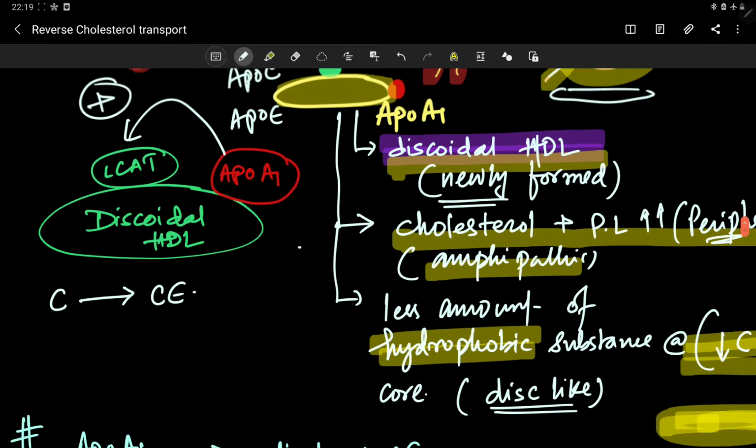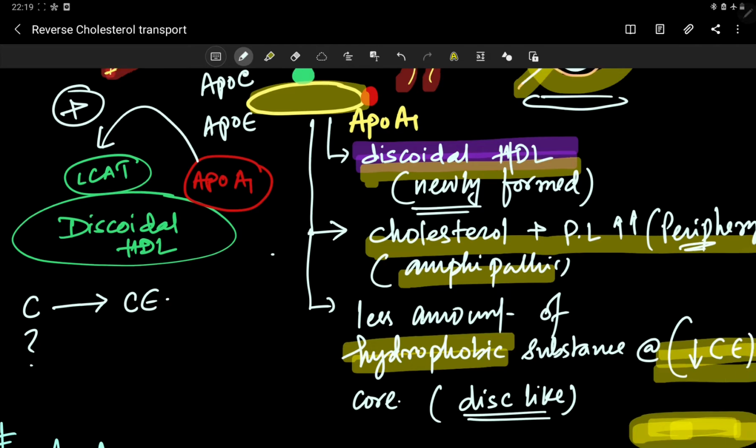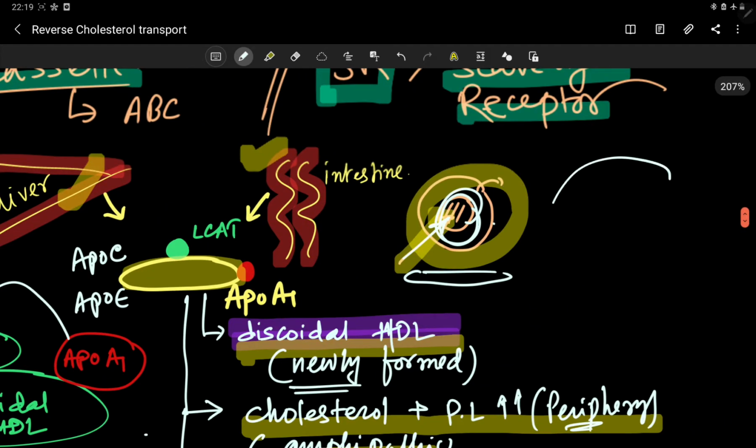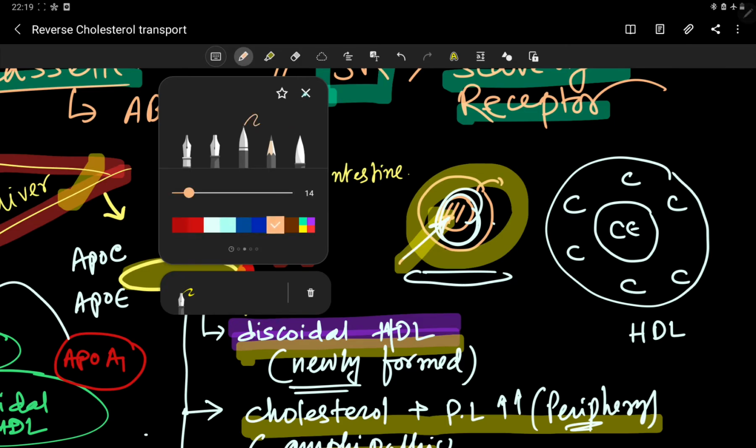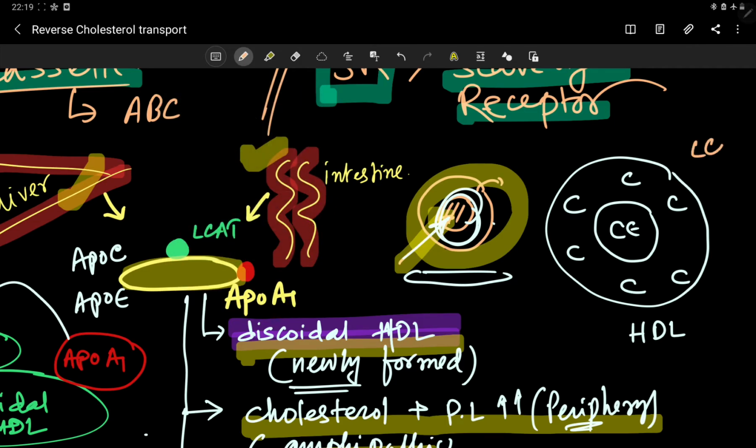Now what is the source of the cholesterol? Which cholesterol is this one? The cholesterol which is present towards the periphery of the high density lipoprotein. Its periphery contains what? Cholesterol, the amphipathic hydrophilic substance, and the core contains a small amount of cholesterol. Now what happens after the activation of the LCAT enzyme?